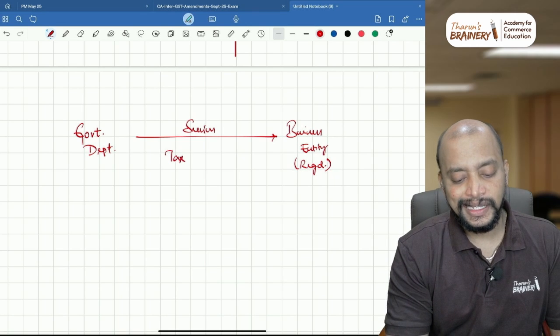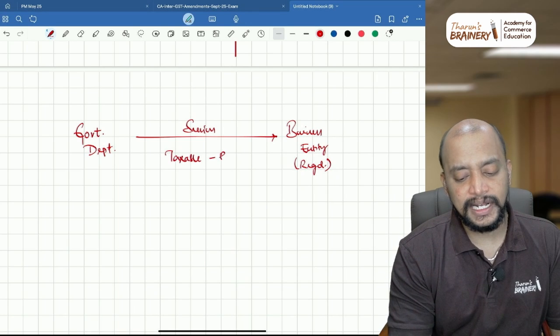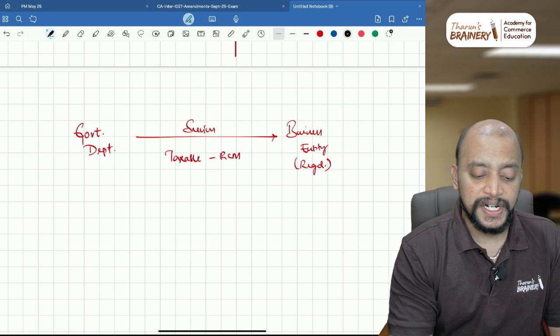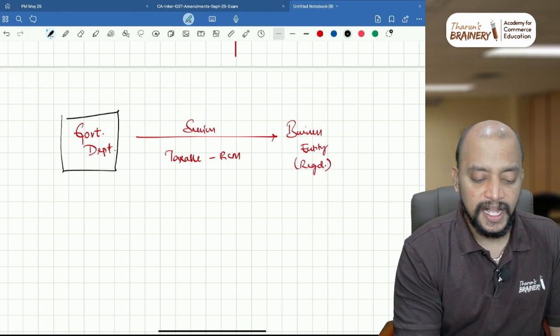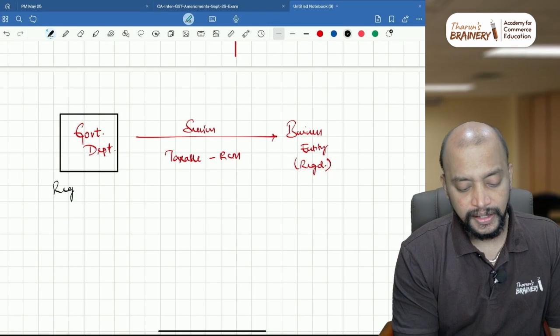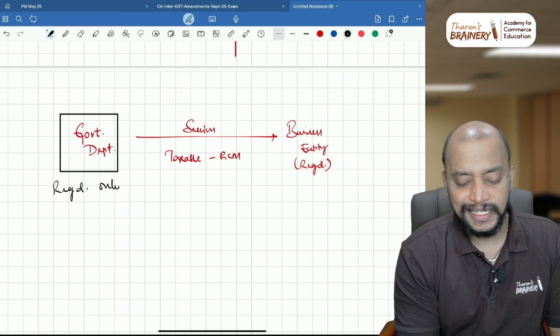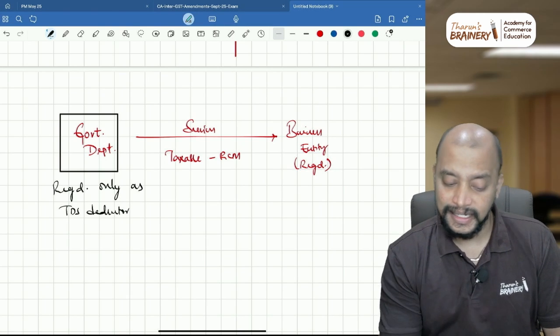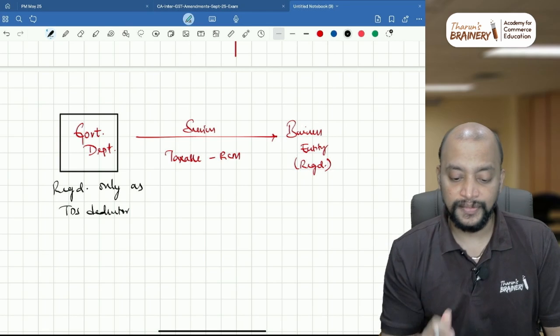Of course, yes. It will be taxable under RCM. Now, the government department is registered only as a TDS deductor under GST.